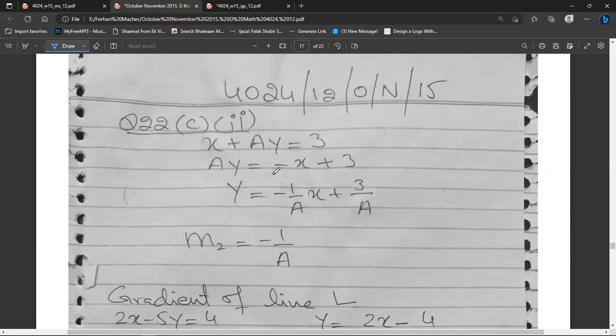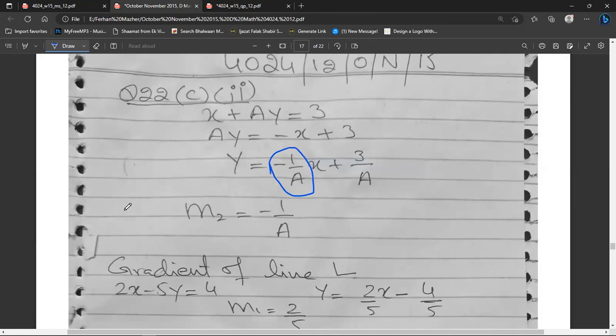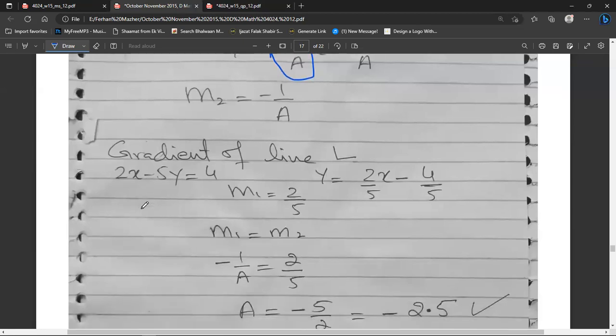So I will make ay equals minus x plus 3. So y will be equals to minus 1 by a into x plus 3 by a. This is the gradient. So the gradient of this line is minus 1 by a. The gradient of the line L, which was in the previous part, we now know the value of k. So 2x minus 5y equals 4.